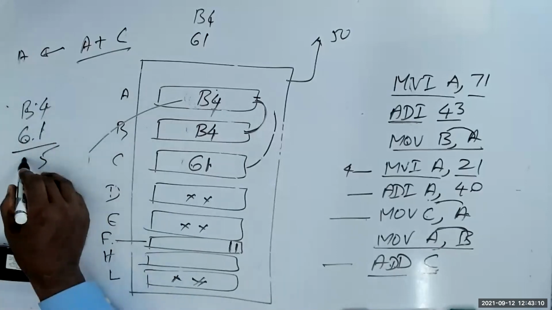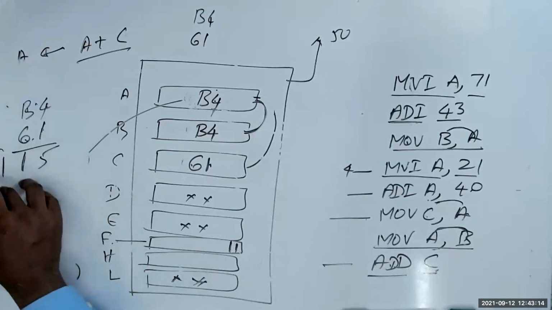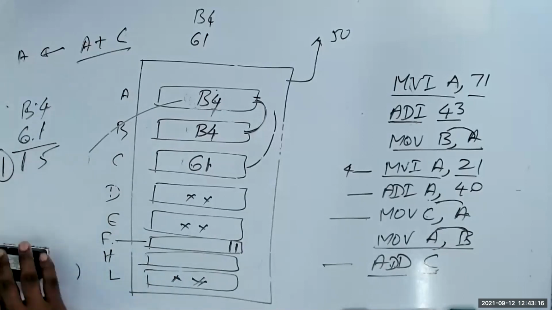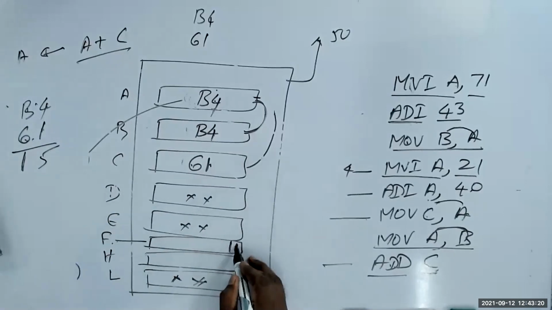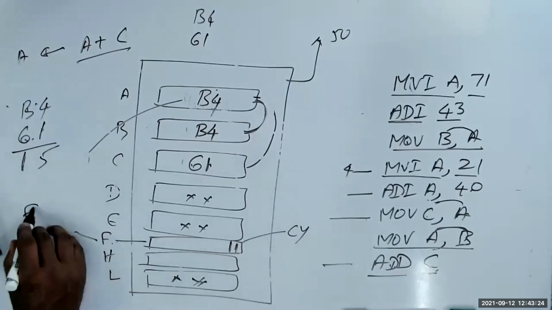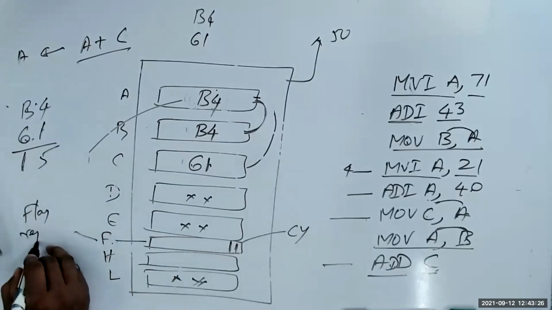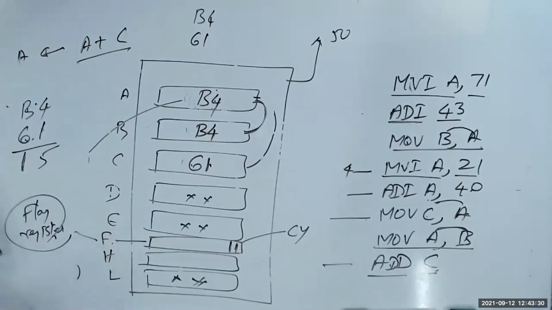That means subtract 16, 1 goes here, then 1 goes here. This 1 is not lost. The 1 is also saved here. The bit is called carry. F is called the flag register. How are we going to use the carry? That's our next discussion.